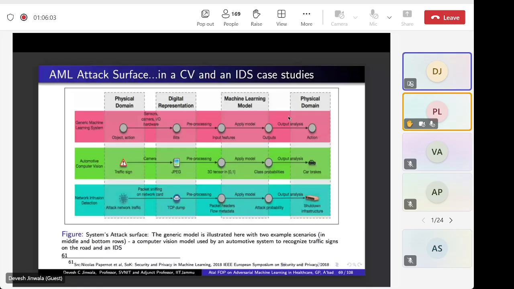And then taking some action appropriately in the physical domain. The same thing has been mapped onto automotive computer vision. It is mapped to network intrusion detection.